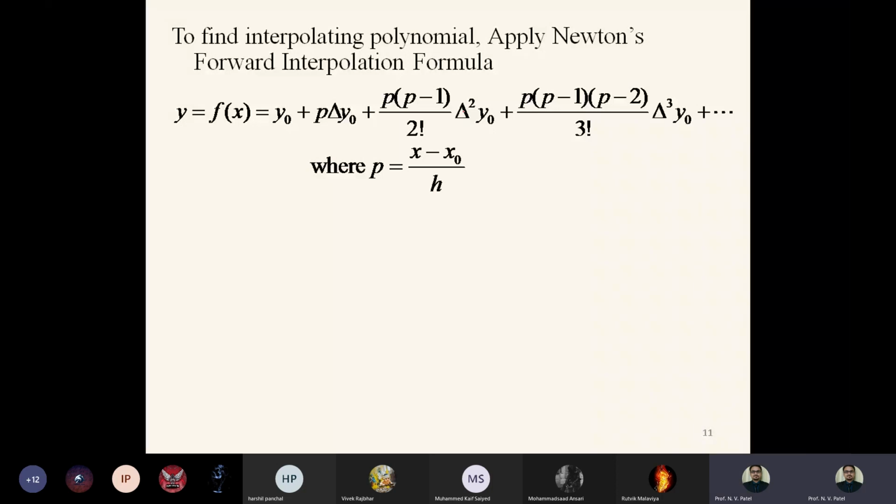Here x0 is the starting value of our table, that is 0, and h is the step size, that is 1.